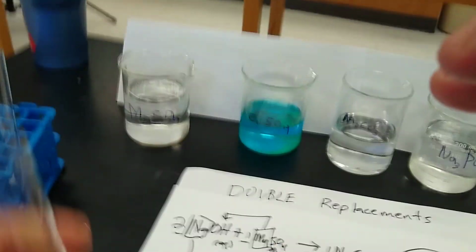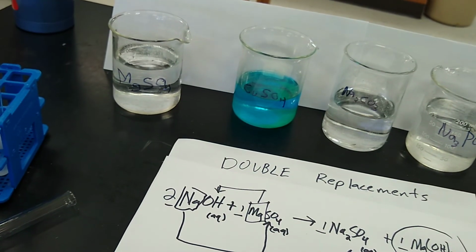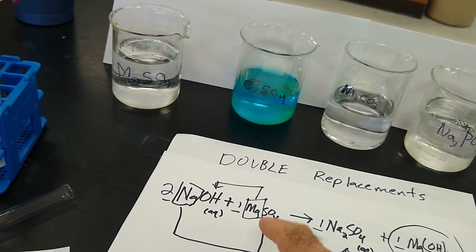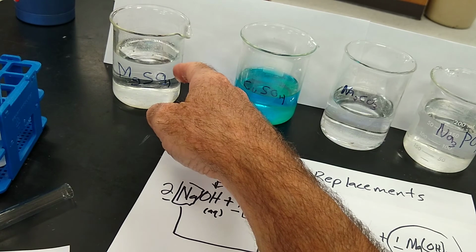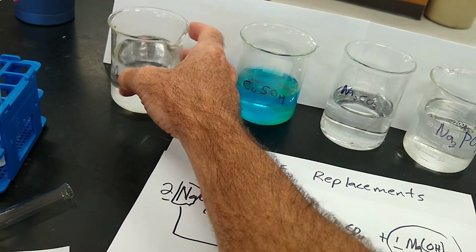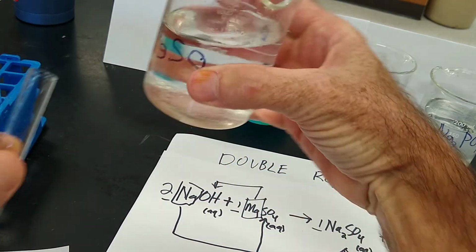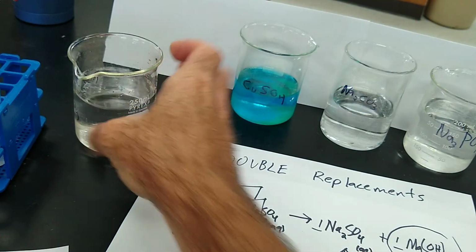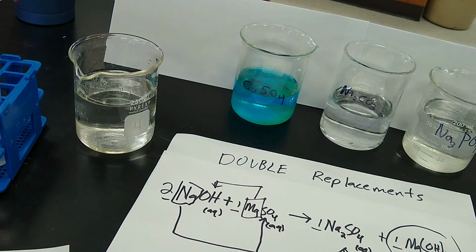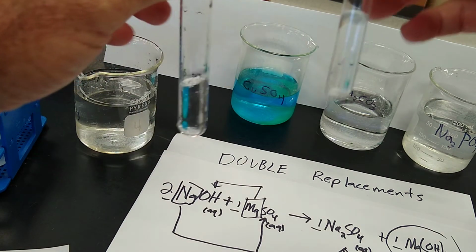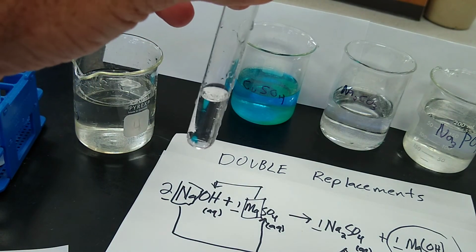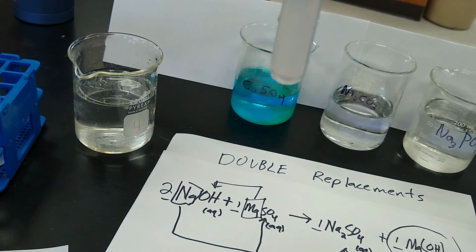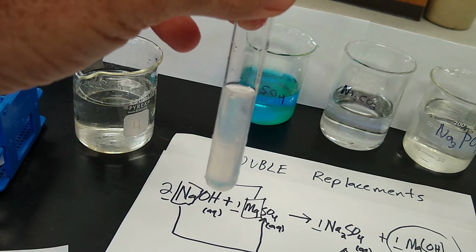Next thing, I'm going to put in some magnesium sulfate. Here's magnesium sulfate right here. Pour that in this test tube. Now, we're going to take these 2 and mix them together. Boom. See how it just turned white?